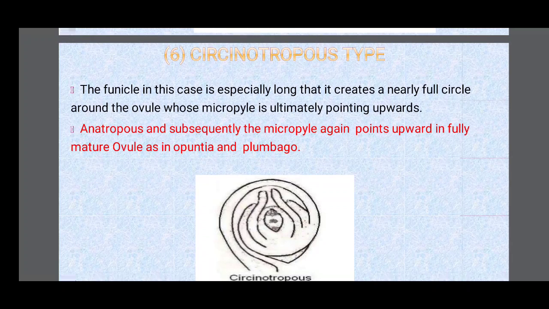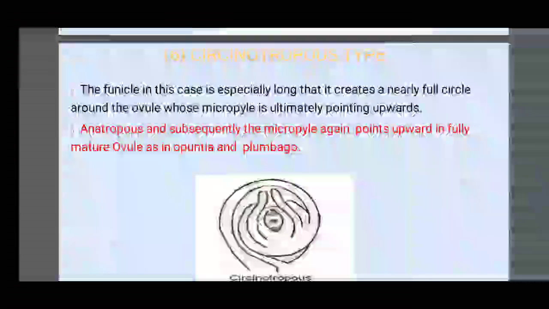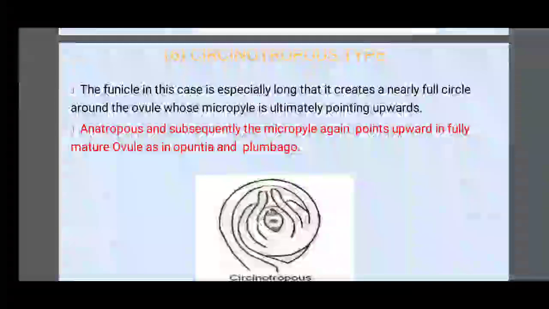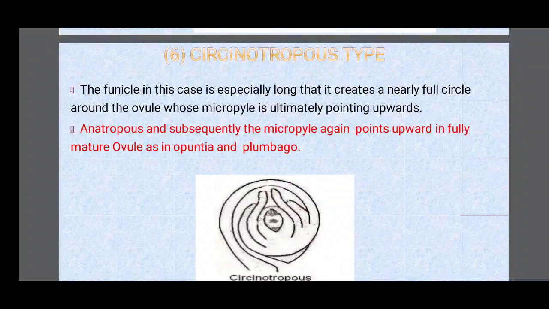The funicle in this case is especially long, so that it creates a nearly full circle around the ovule, whose micropyle is ultimately pointing upward. So what is the circinotropous? The ovule is orthotropous, but the funicle creates a full circle around the ovule.